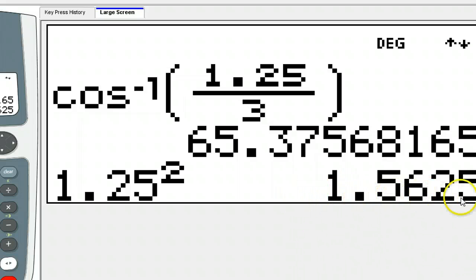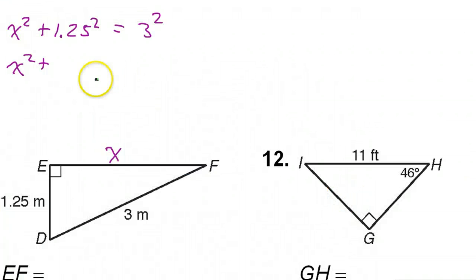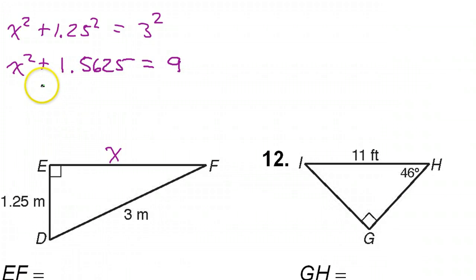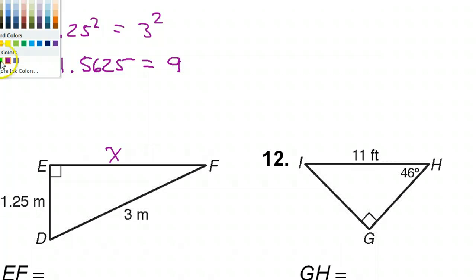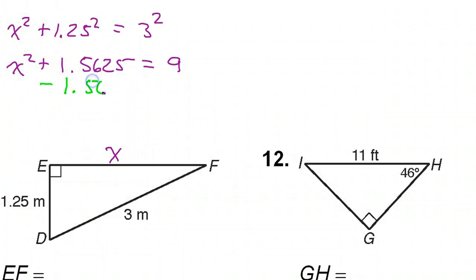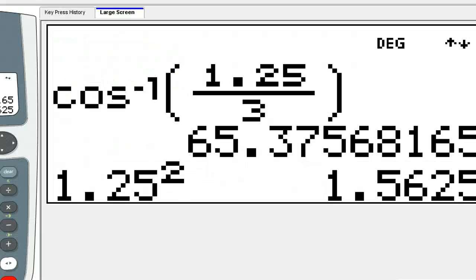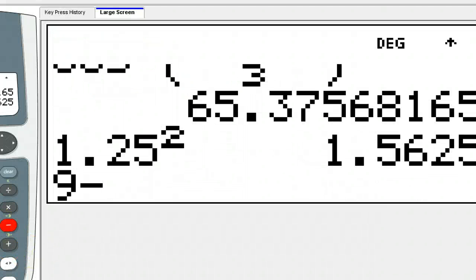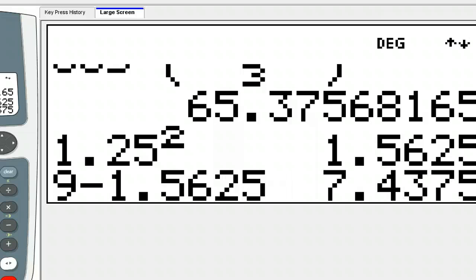Subtracting, I'm doing 9 minus 1.5625, so that's 7.4375.